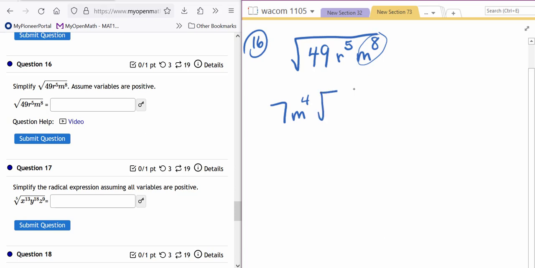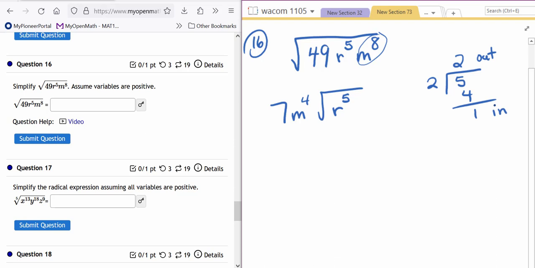Now, what we have left to deal with is this r to the 5th. Right? So we will divide by 2. So 2 into 5 goes 2 times. These go outside. So r squared will go outside. The remainder stays on the inside.